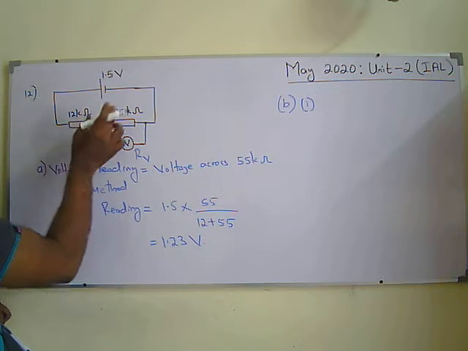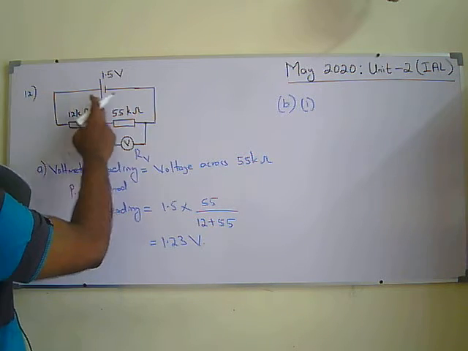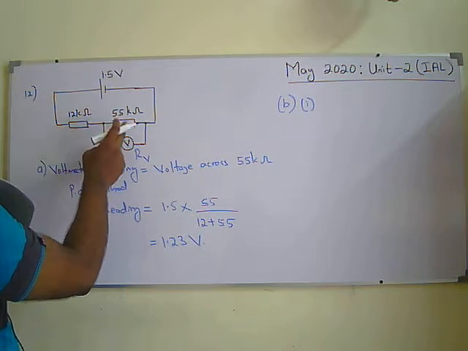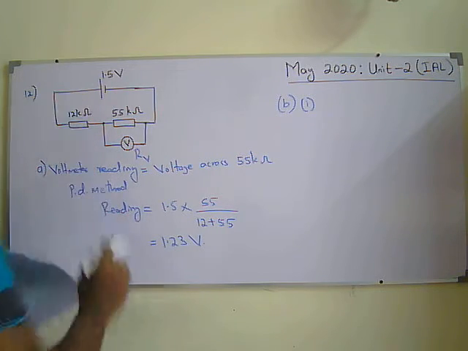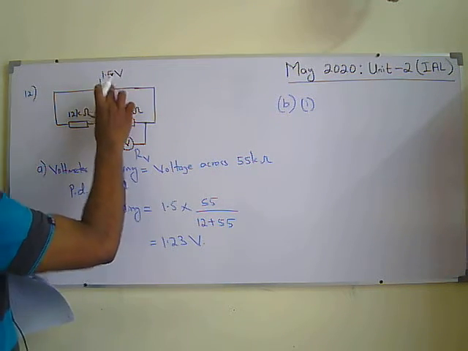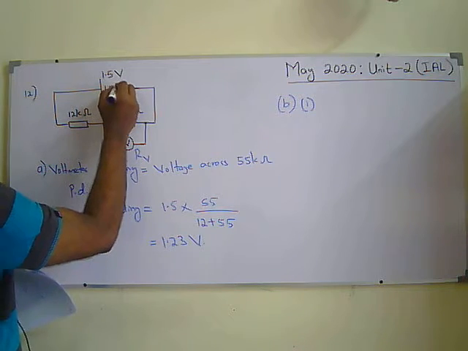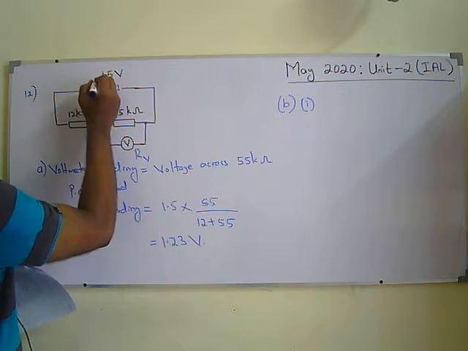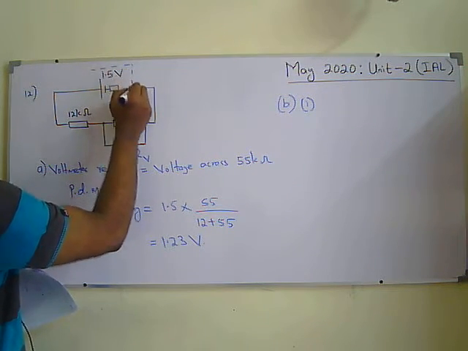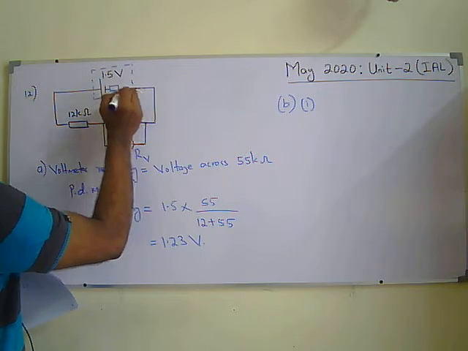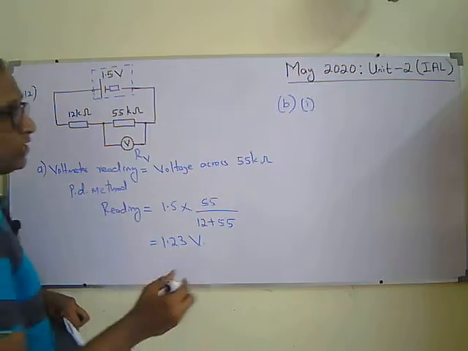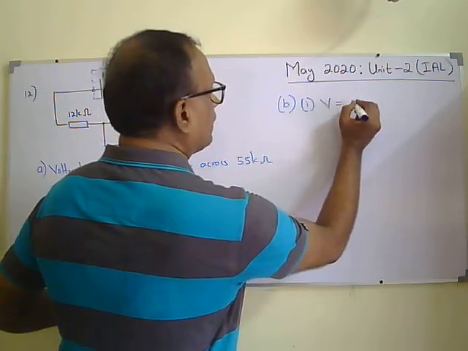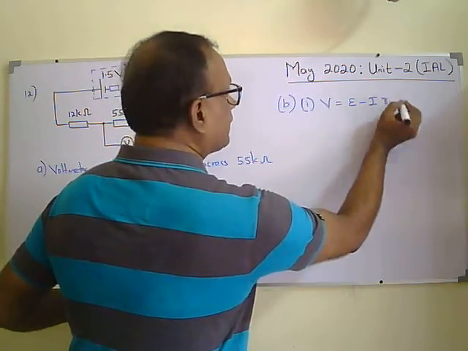So the voltage across both the 12 kilo ohm and 55 kilo ohm is going to be the terminal voltage. If the cell has internal resistance, the voltage supplied by the cell is the terminal voltage, which is given by V equal E minus Ir.